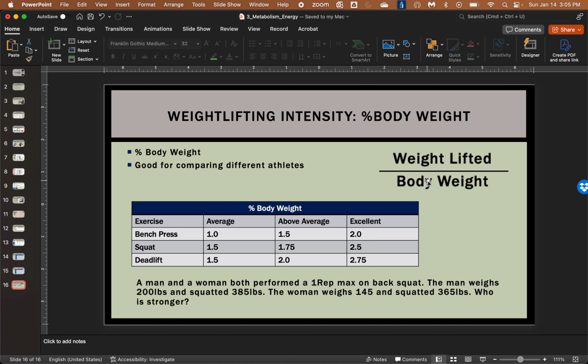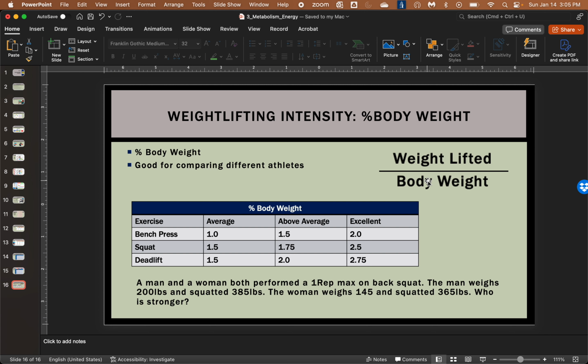And here is why we like percent body weight rather than comparing just straight up 1 rep max, right? If you have a 400-pound person, let's say like an NFL lineman, just an absolutely massive person. That person, if they're lifting weights, they should lift a lot of weight. They're just a big human, right? So if you have like a 400-pound person saying, I lift 350 pounds, well, great, but you're an NFL lineman.